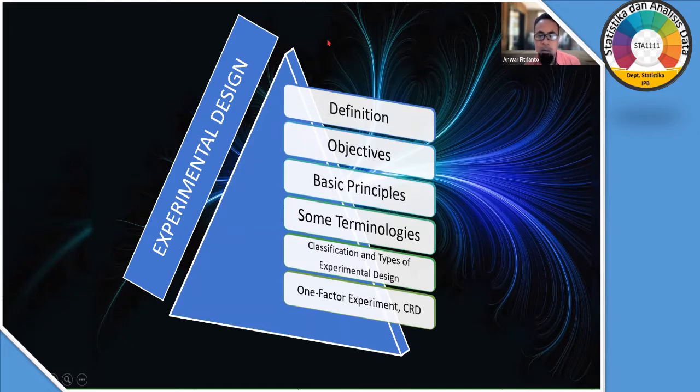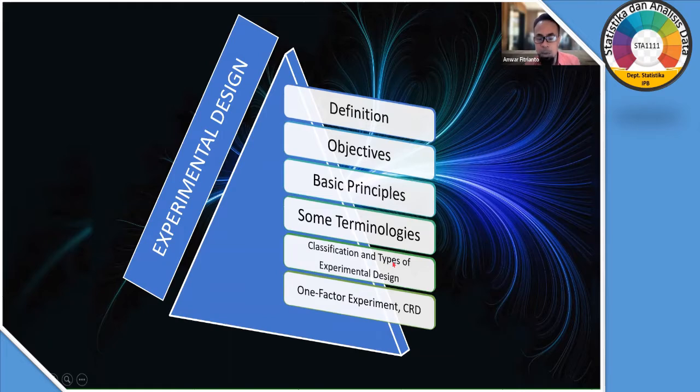The topics of this lecture material are the definition of experimental design and the objective of conducting an experimental design, basic principles of experimental design, some terminologies that you need to be familiar with, and then types of experimental design.